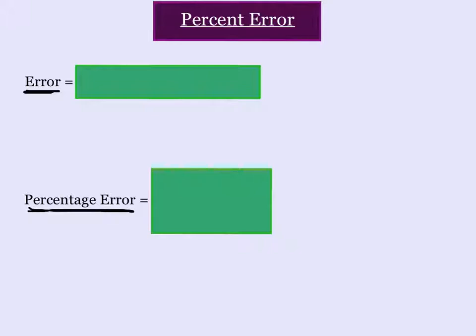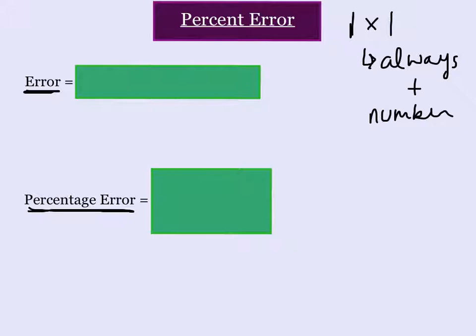And percent error and error have to do with absolute value. So remember, they're like the lines around your number. An absolute value results in an always positive number. And this will always make our percentages positive.